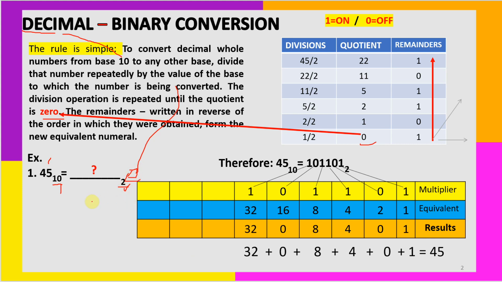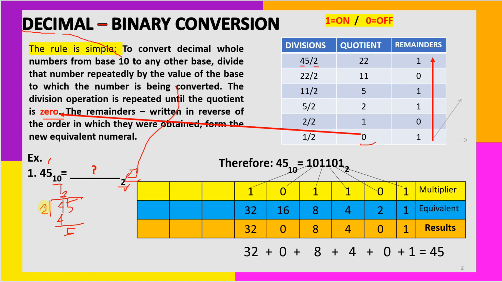So 45, divide repeatedly: 45 divided by 2. 4 divided by 2 is 2. 2 times 2 is 4. Then subtract, bring down 5.